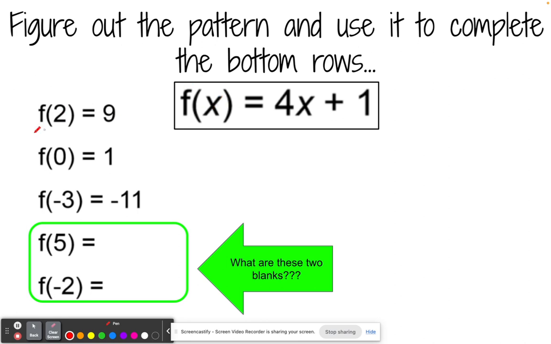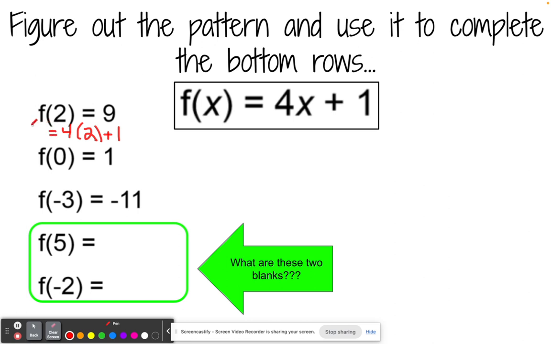So if I said f of 2, that means where my x is, I'm going to put a 2. And if I put a 2 there, I do 4 times 2 plus 1 for my f of 2.